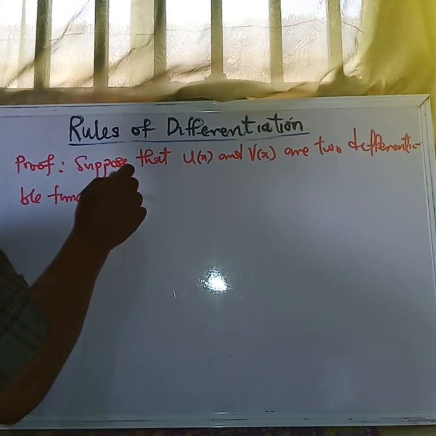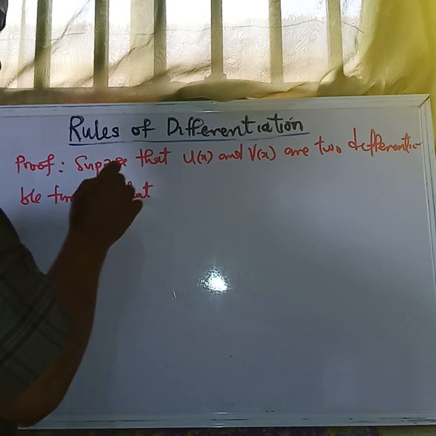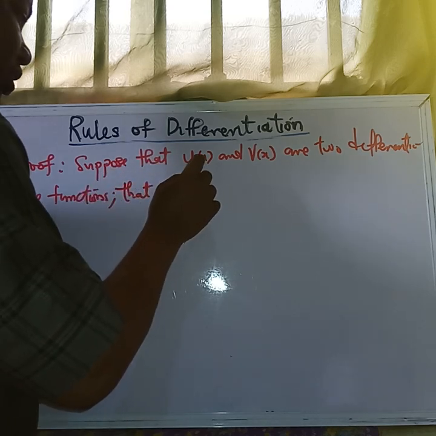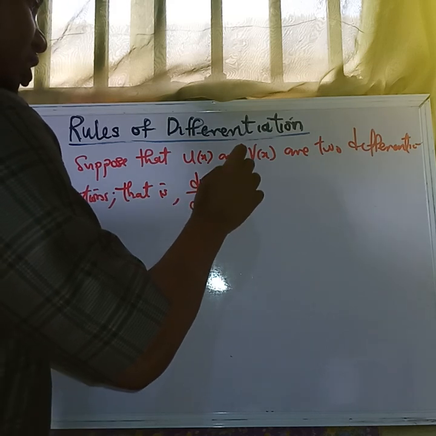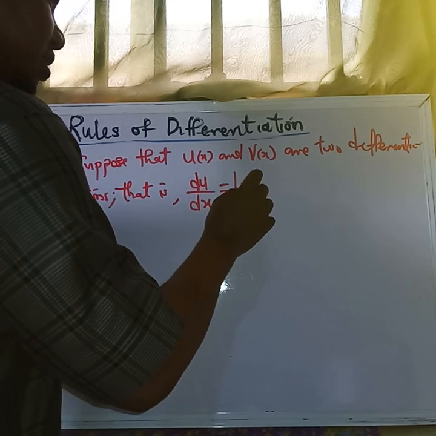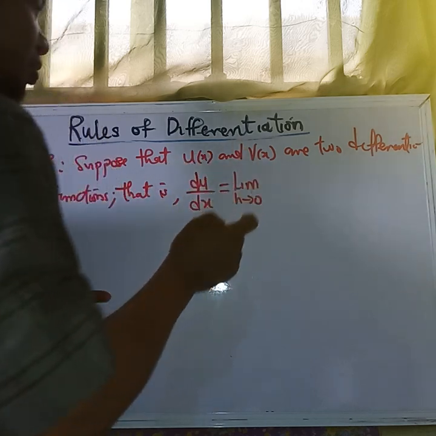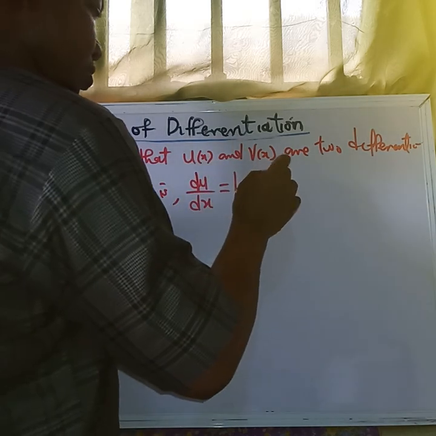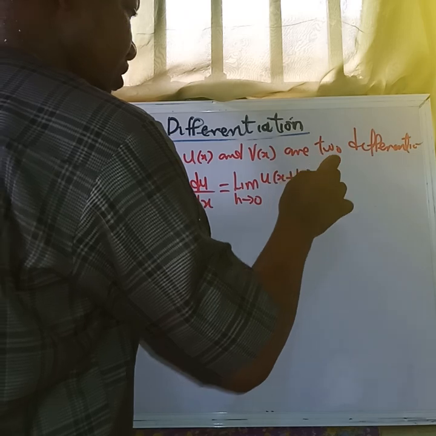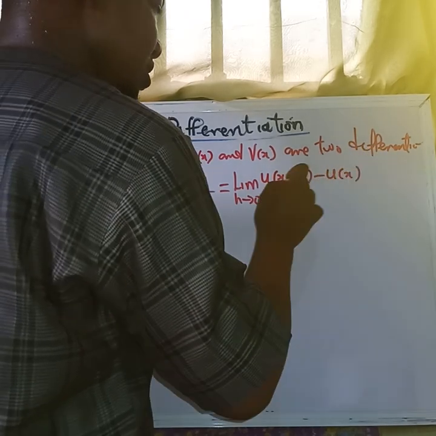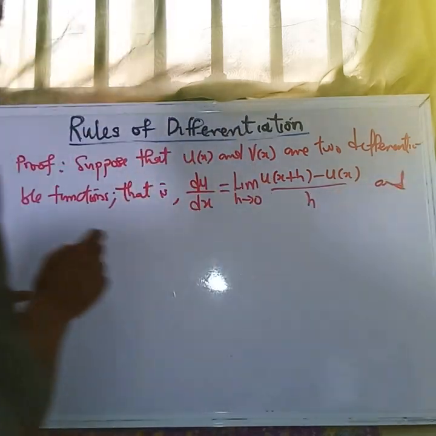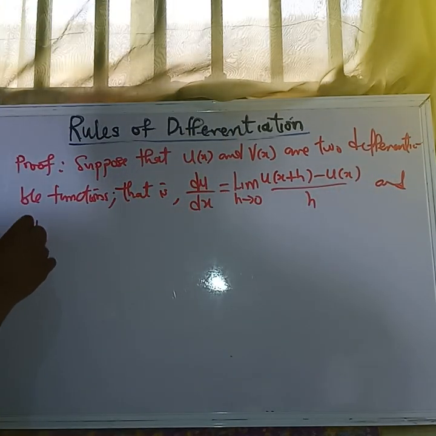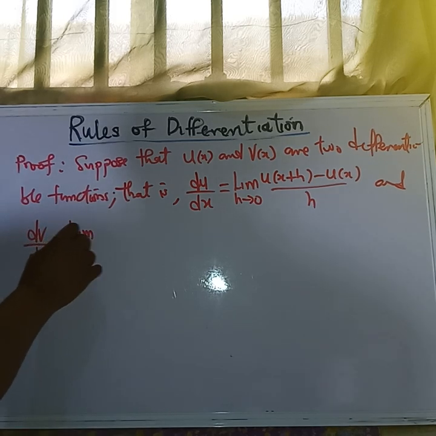What we mean is that the derivative of u with respect to x exists. That is what we mean when we say u of x is differentiable, that is, this limit exists, and also the derivative of v with respect to x exists.